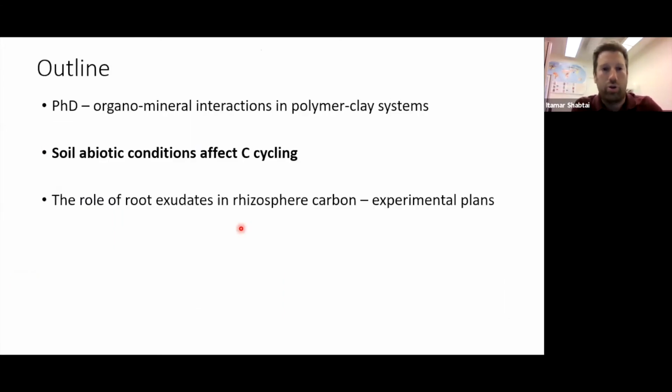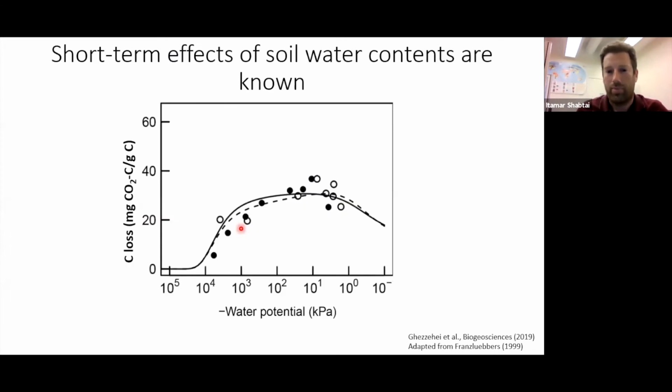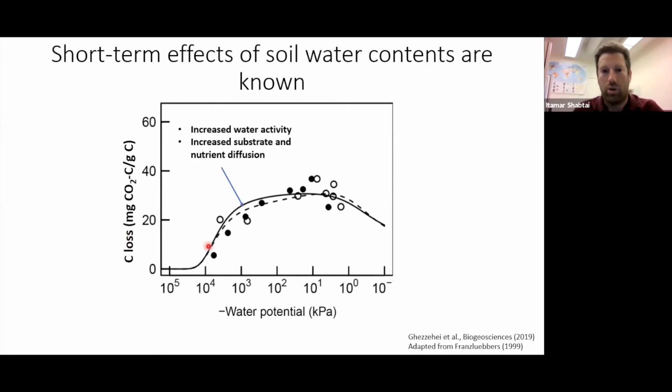So after this very short intro, I'll show you some of the projects that I've been working on, focusing on soil abiotic conditions and how they affect carbon cycling. So looking at water, we know what the immediate effects are of water content on decomposition of soil organic carbon. So when we increase the amount of water in the soil, there's an increased water activity and a greater rate of diffusion of nutrients and substrates to the decomposer community.